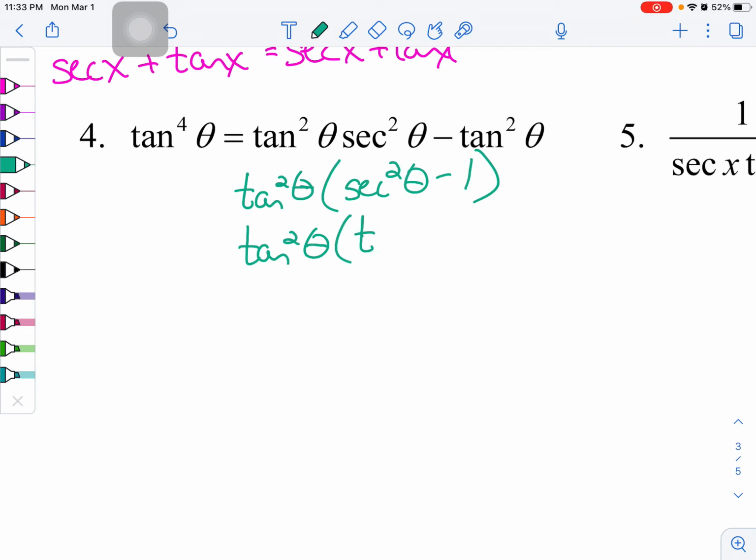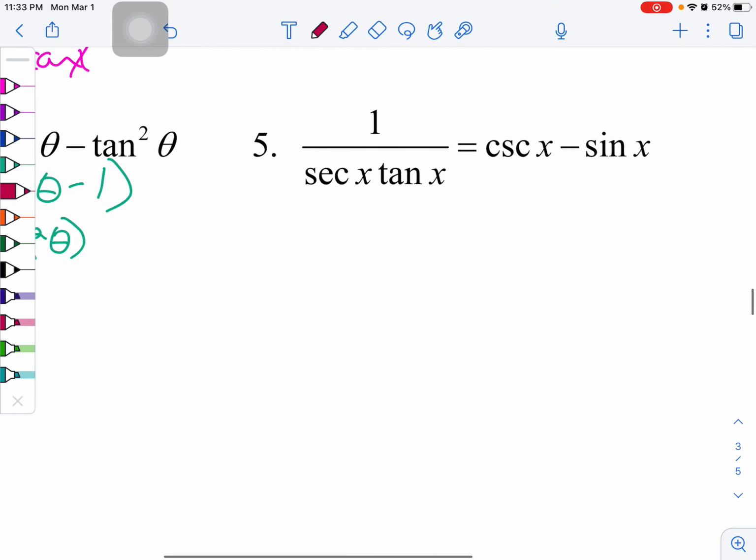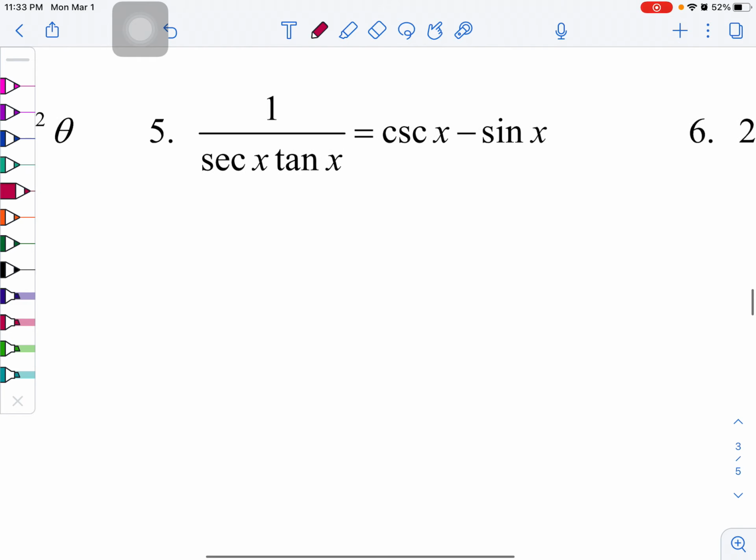So secant squared theta minus 1. Secant squared theta is one of my Pythagorean identities, and that can be replaced with tangent squared theta. When I multiply those together, I would get tangent theta to the 4th. And so that's going to match the left side.